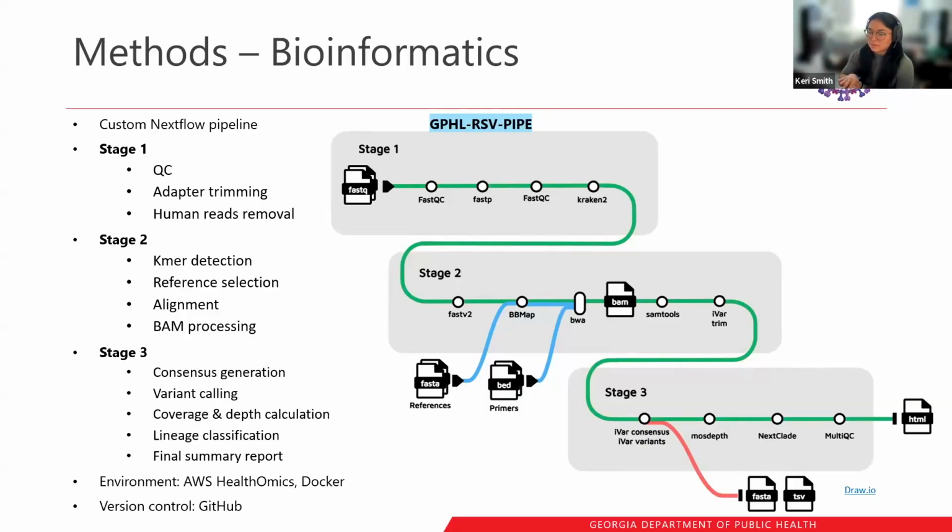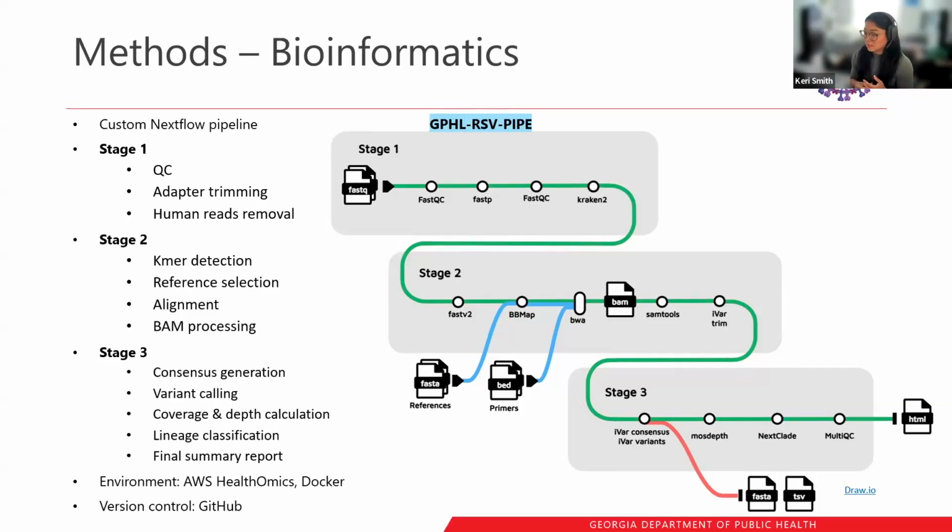Then that'll pipe into the BWA alignment step, generating the BAM file, which then gets processed through SAMtools and iVar.